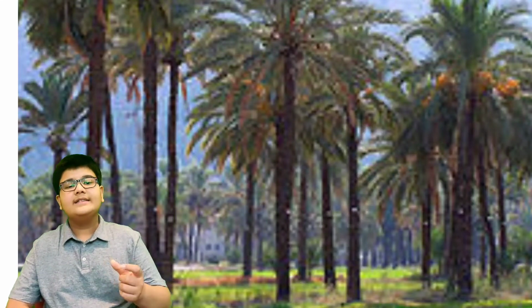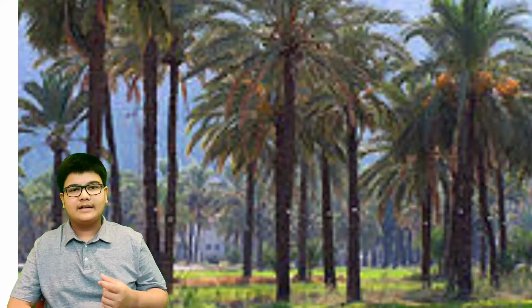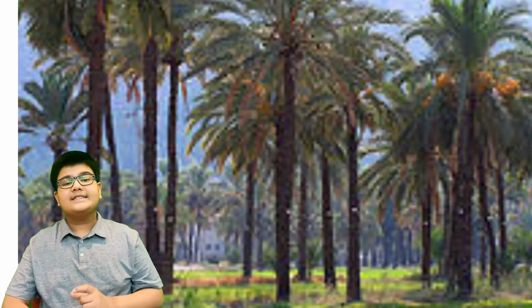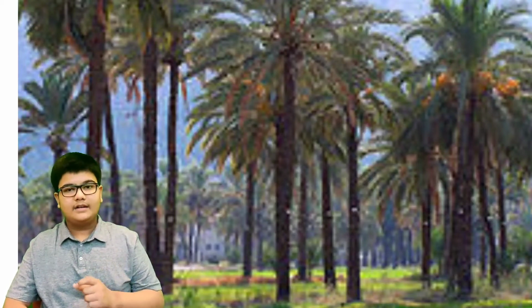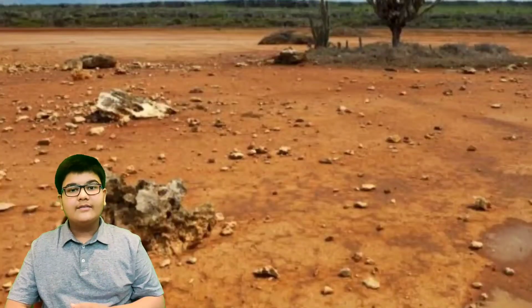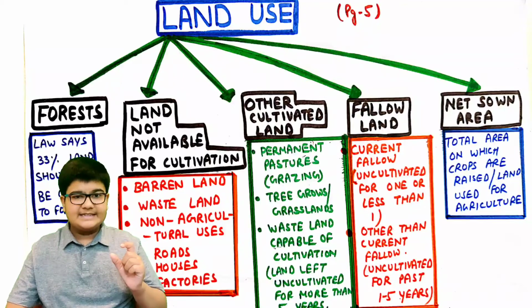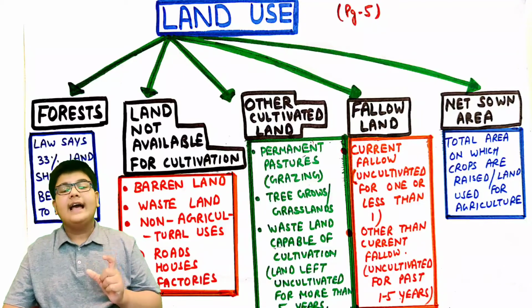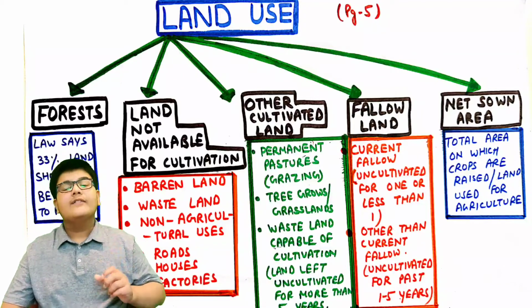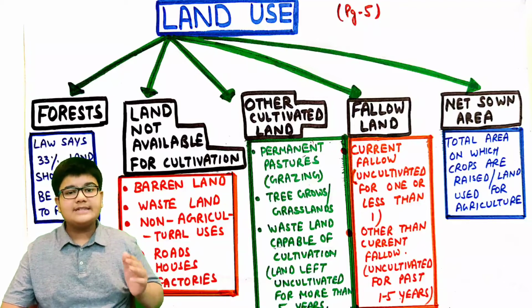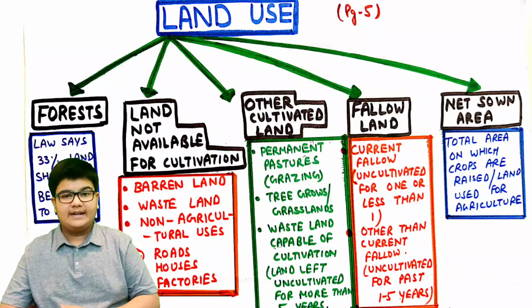They are classified in this uncultivated land, but the crop plants are not classified in these tree groves. And also wasteland which is capable of cultivation. This means that agricultural land that has been left uncultivated for more than 5 years is classified as wasteland.